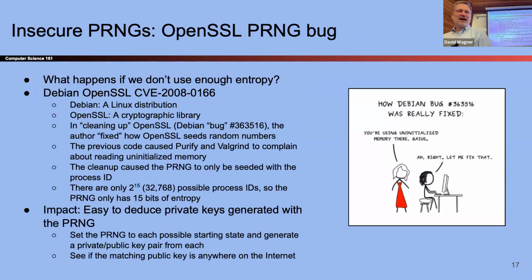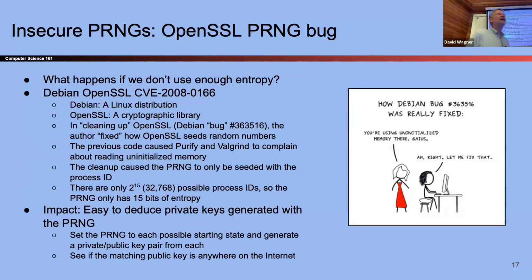Another case study of examples of what happens if we use a bad PRNG. There was a very bad vulnerability in Linux software, specifically the Debian Linux distribution, which was also used in Ubuntu, for SSL, the HTTPS, the encryption used on the web.